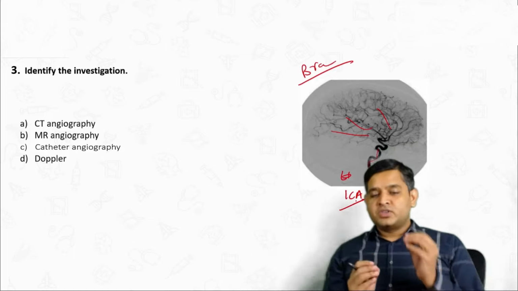And if it's a CT or MR angiography, the vessels are usually seen as white. There is no hard and fast rule, but that is how by convention we show it. So please remember, in catheter angiographic subtracted images, vessels are seen as black. In CT or MR subtracted images, the vessels are seen as white. So that's a trick, a cheat code that will help you in the exam.